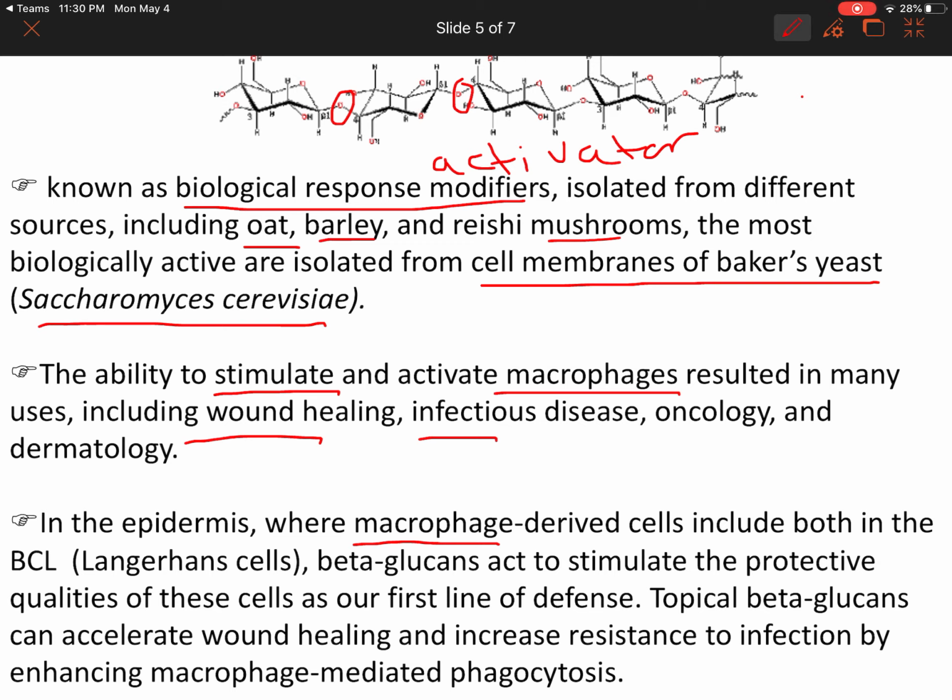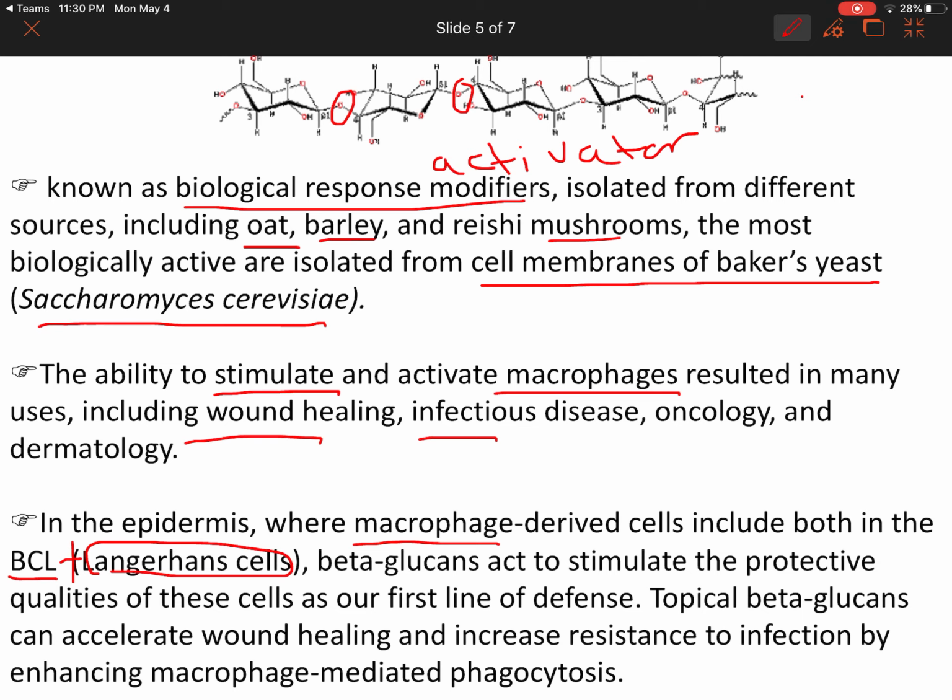It is found in the basal cell layer, and also Langerhans cells are found in the spinosum or the prickly layer.